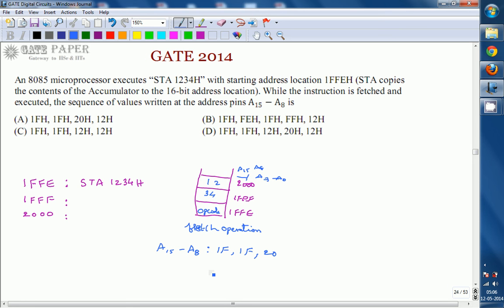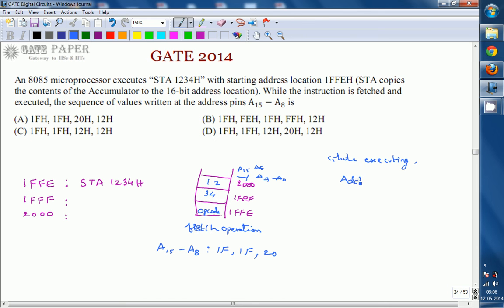Once it is fetched, it can be executed. After fetching, we execute this instruction. While executing STA 1234, the address bus is loaded with the 1234 memory location.